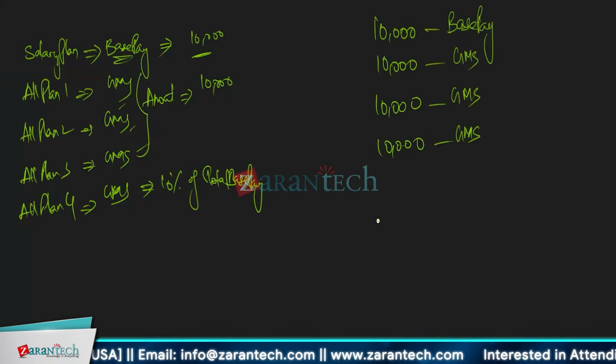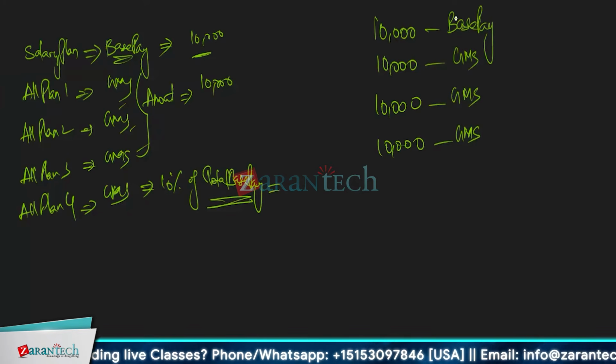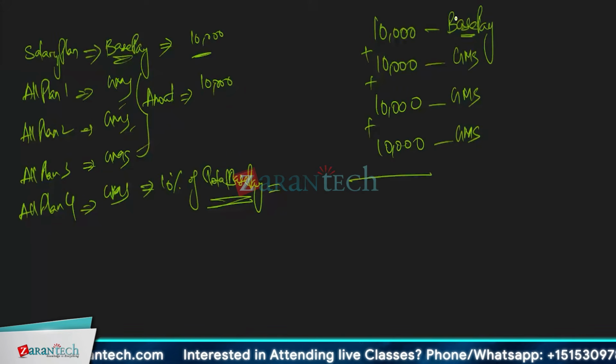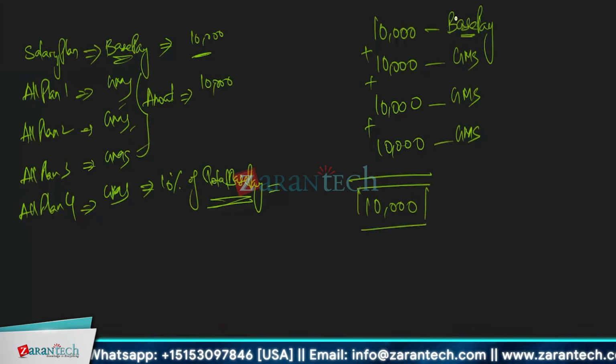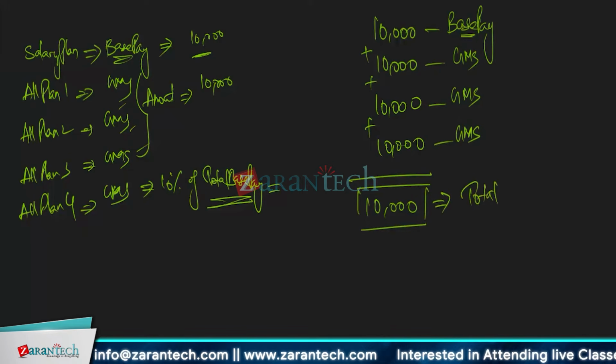Now what I have defined, the allowance plan 4 is 10% of total base pay. What is total base pay in this particular scenario? What is the sum of all the compensation plans that is using base pay as the comp element? How many plans are using base pay as the comp element in this scenario? Only one compensation plan is using base pay as the comp element. So the total base pay value is going to be 10,000.